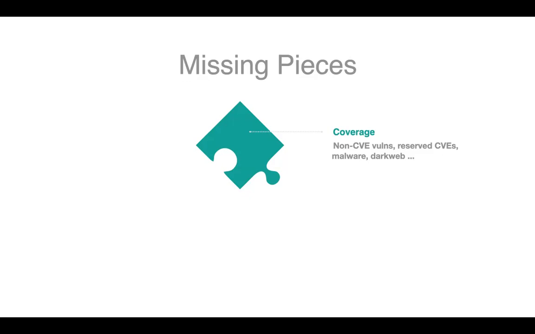We don't have all the details. We don't know if there's an exploit, and so on and so forth. Malware, also something that we often don't know about until it hits us. And then the deep web and dark web exploits that are traded out there that our tooling doesn't have visibility into. So the first puzzle piece is having the coverage taken care of so I can understand my total risk as opposed to just focusing on that cataloged risk.